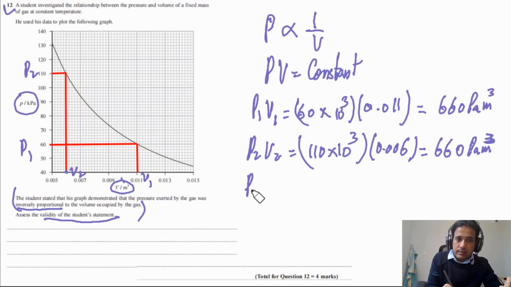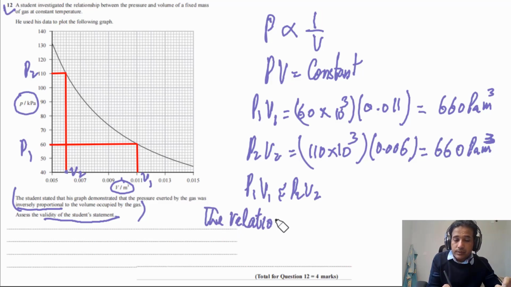In this case, P1 V1 is about equal to P2 V2. So the relationship is valid. So we can say the relationship, that P is inversely proportional to V, is valid.